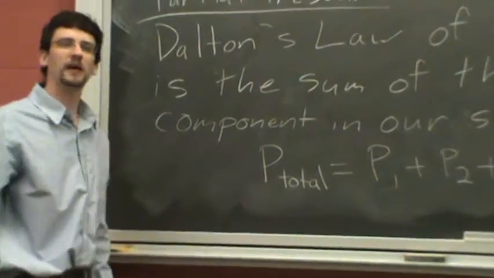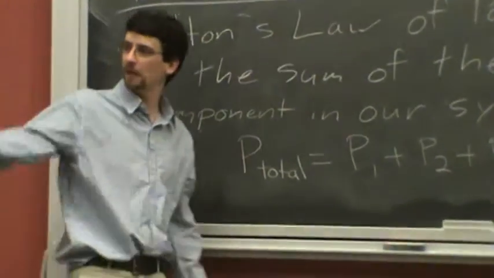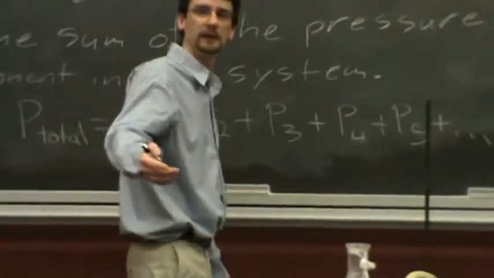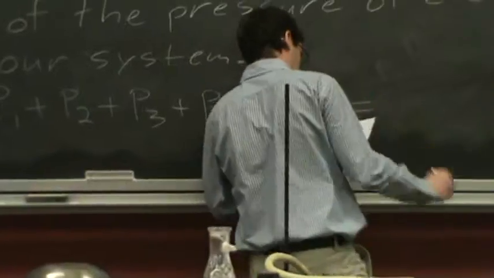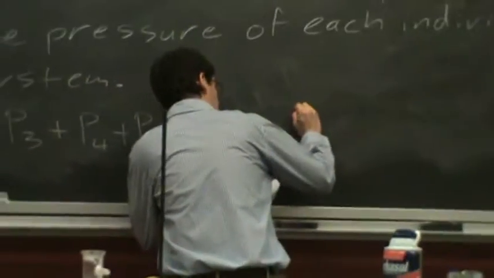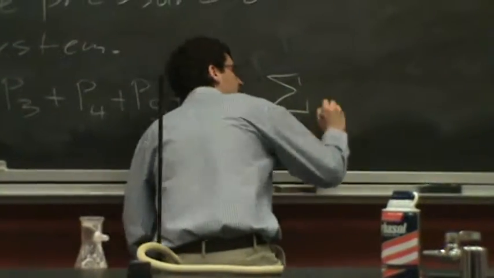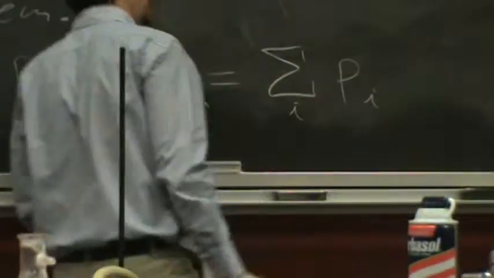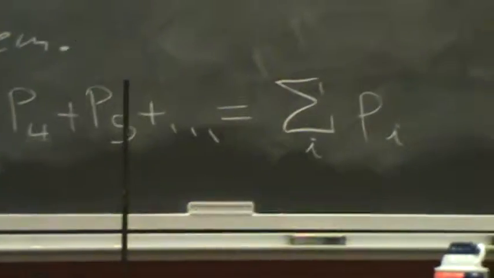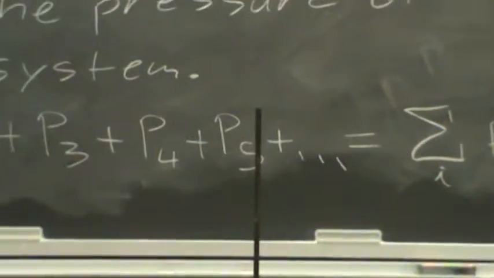What mathematical operator can it be expressed by? A sum, right? With an index of i, we're going to have P sub i, where i is just the number of species that we have.